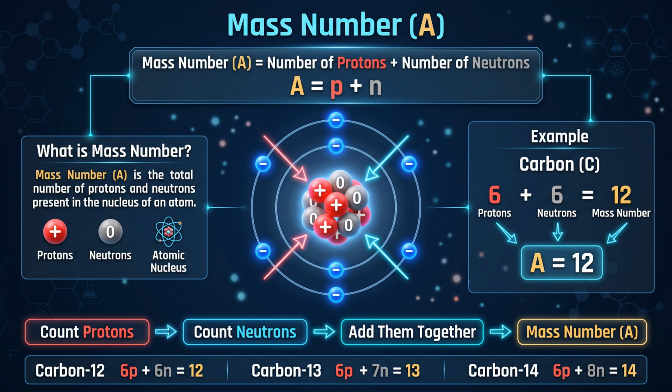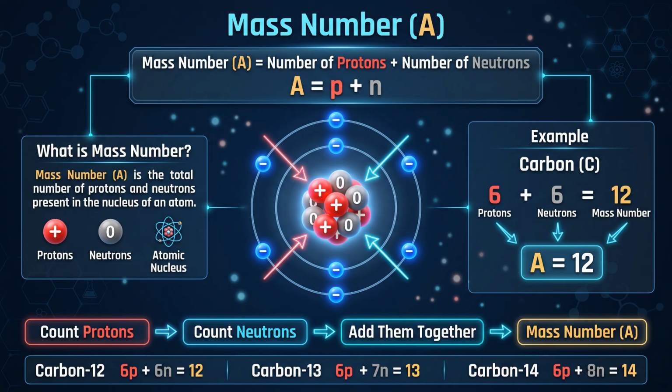Mass number equals number of protons plus number of neutrons. This formula is often written as A = P + N, where P represents the number of protons and N represents the number of neutrons. It is one of the most frequently used formulas in atomic structure because it allows scientists to calculate the total number of particles inside the nucleus.